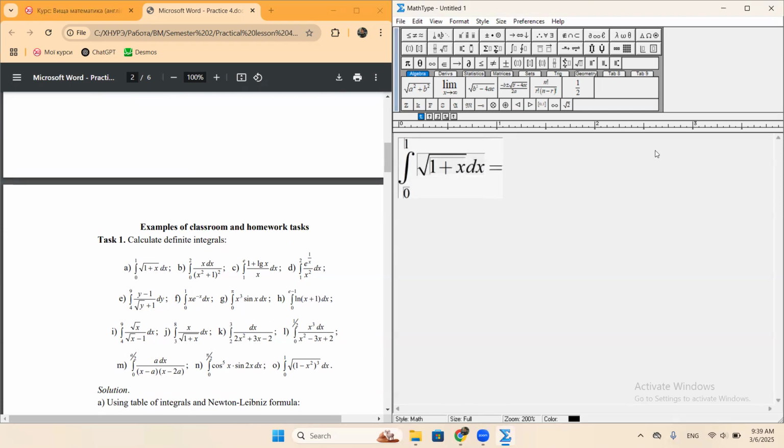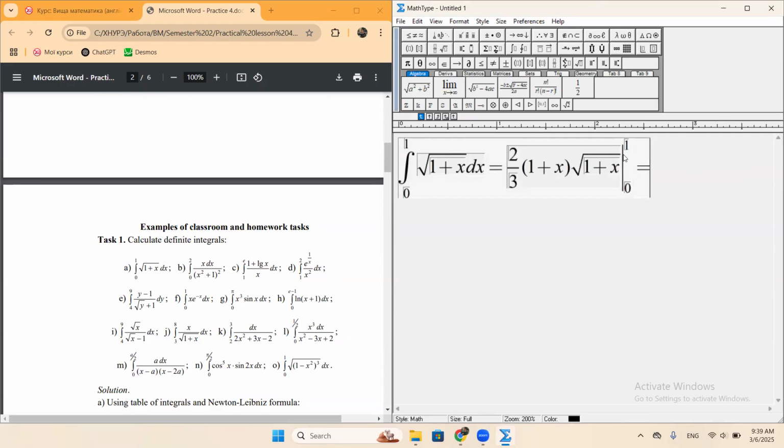Using the table of integrals, the antiderivative is the following: 2 over 3 times 1 plus x, because we will have a power of 3 over 2, and we need to divide by it. And substitutions from 1 to 0.